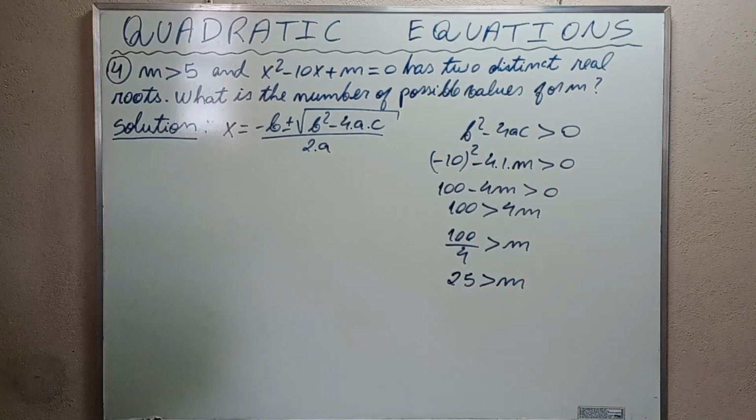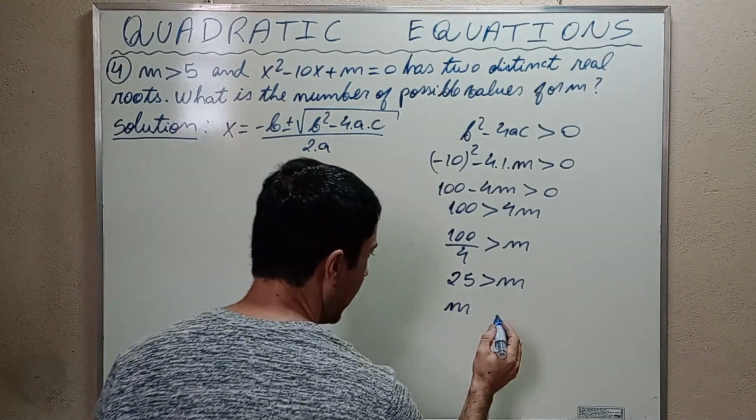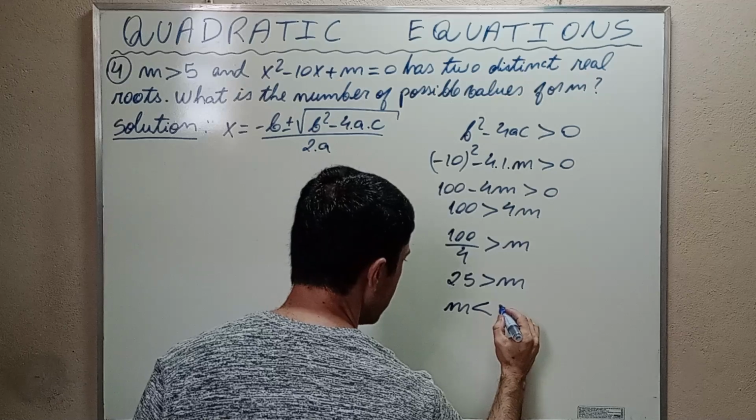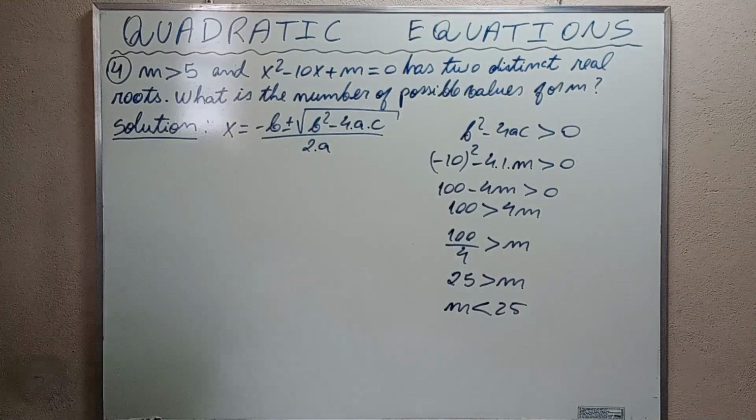Okay, 25 has to be greater than m, which can be rewritten as m has to be less than 25. Okay, m has to be less than 25.